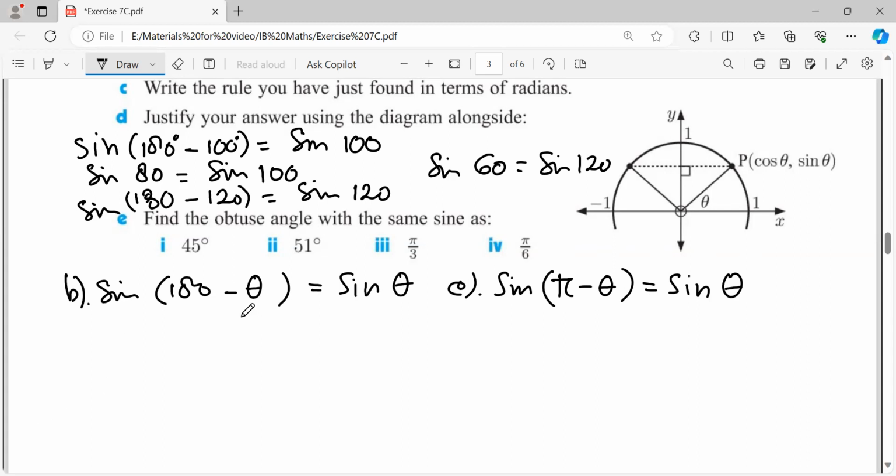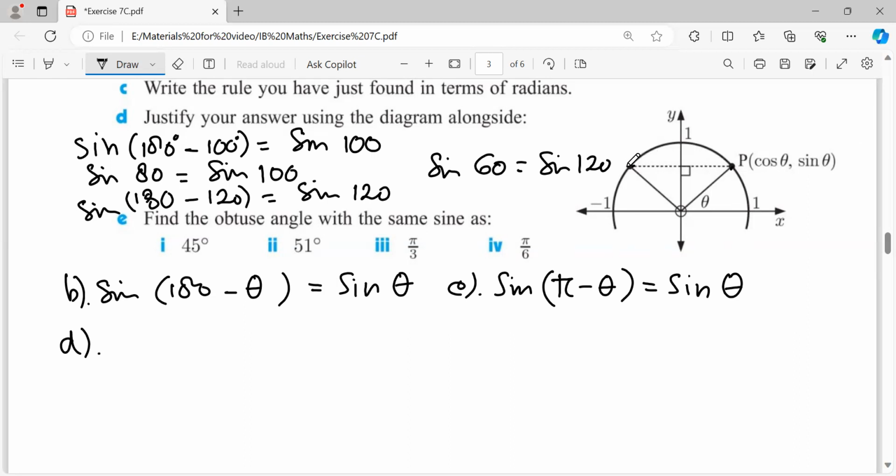Okay. D. Justify your answer using the diagram alongside. Now look at this diagram. If you look at this diagram, this P and this are reflections of P on the y-axis.